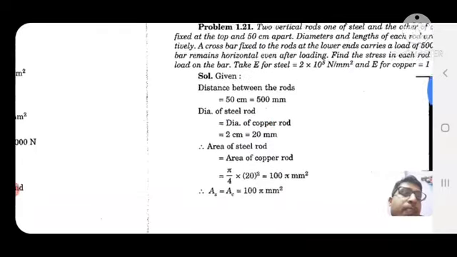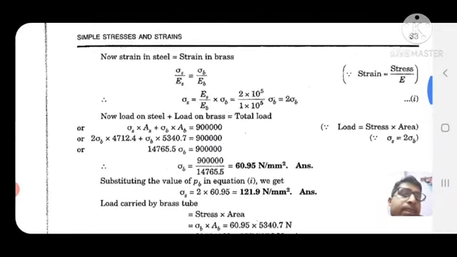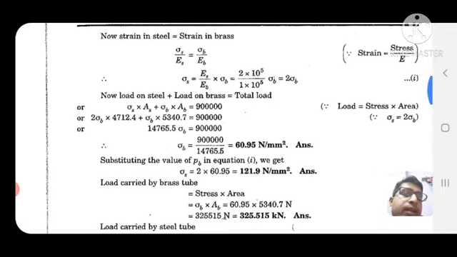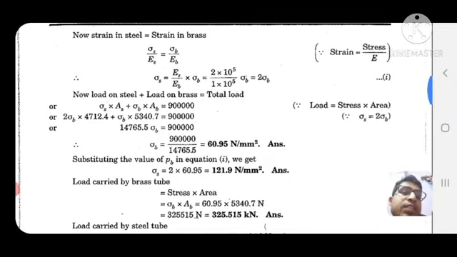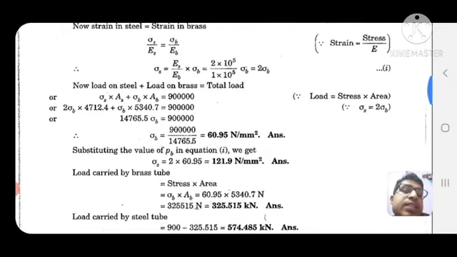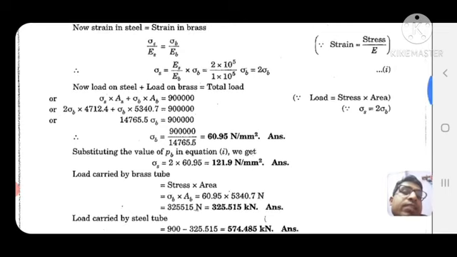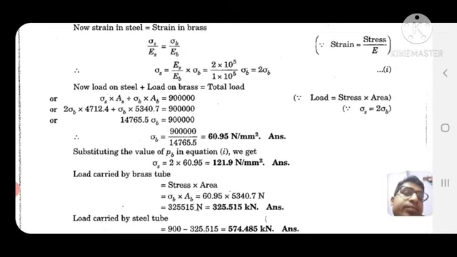Now when the calculation comes, strain in the steel equals strain in brass: sigma S by ES is equal to sigma B by EB. Sigma S is equal to ES by EB into sigma B. So 2 into 10 to the power 5 divided by 1 times 10 to the power 5.